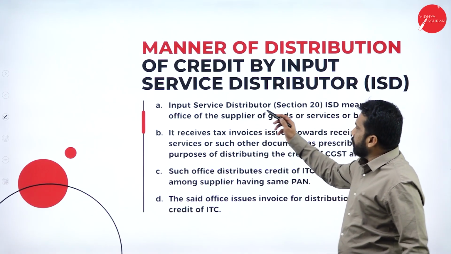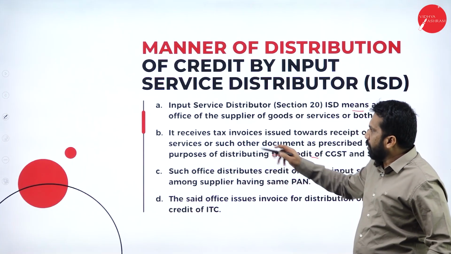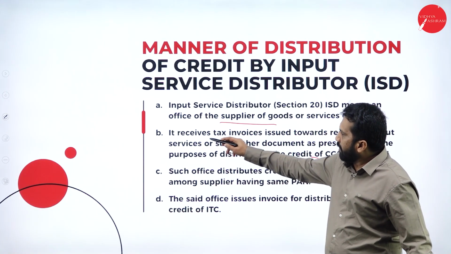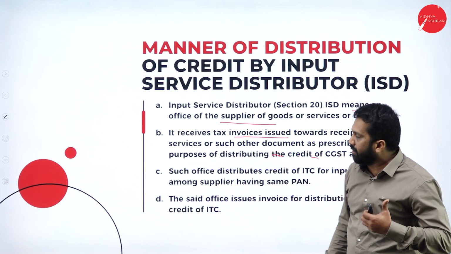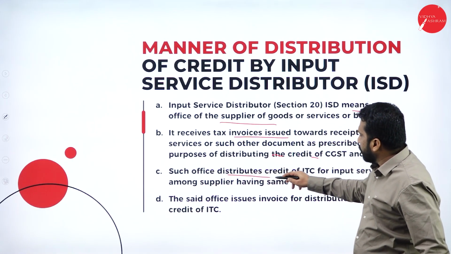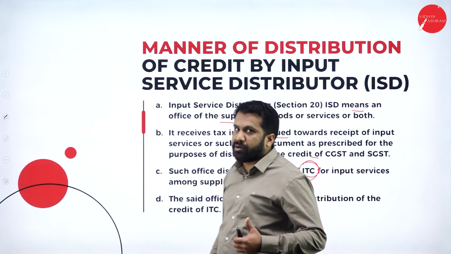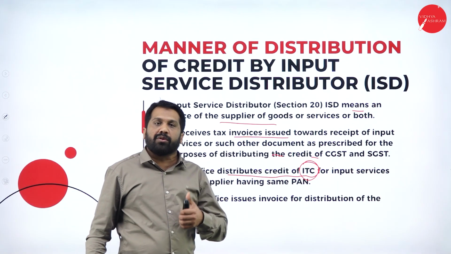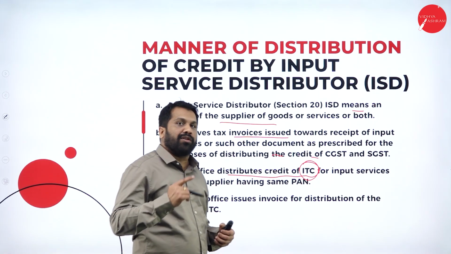Now, input service distributor means an office of the supplier. Already you have learned. Next, it receives the tax invoice. The tax invoice has to be received by them. Such office distributes the credit of ITC. ITC, as I already told you, is the excess tax paid over the output, where the input tax is more than the output tax.